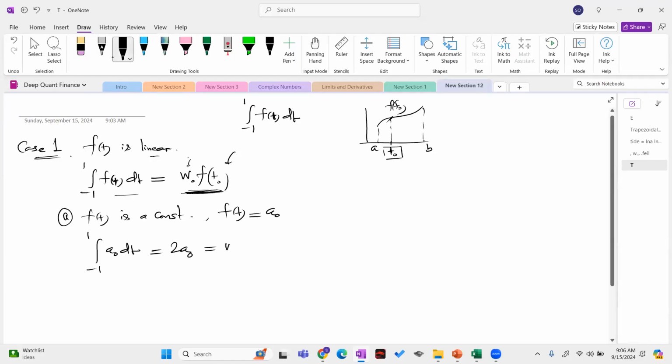This must be equal to w0 times f(t0). Now, if f(t) is a constant, which is always a0, no matter where you sample, it will always give you a0.